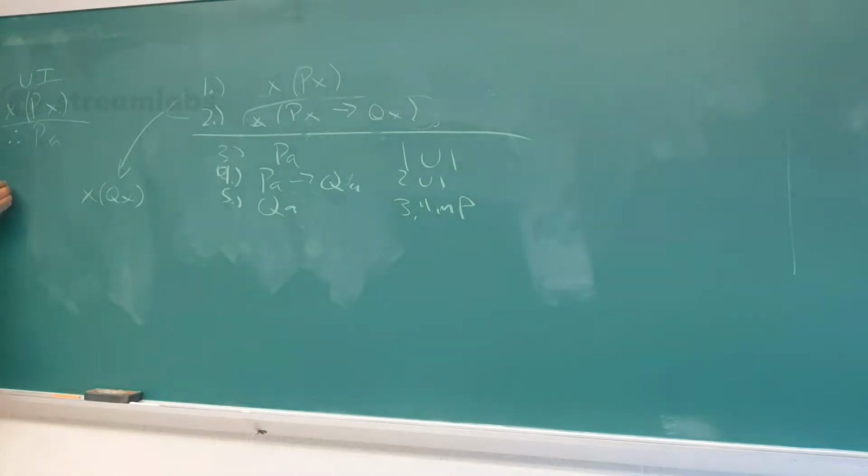Yeah, exactly. So universal generalization is going to do this. It's going to say, if I have, let's say, some instantiated thing, PA, I can draw the conclusion from that for any X has P.